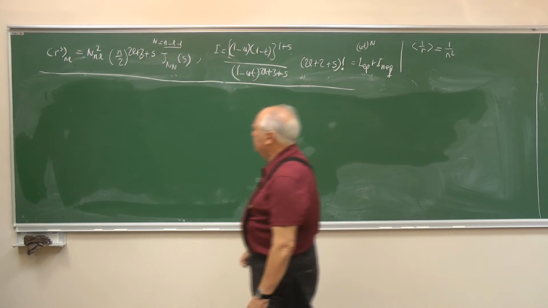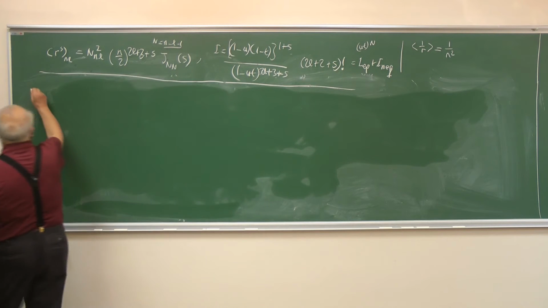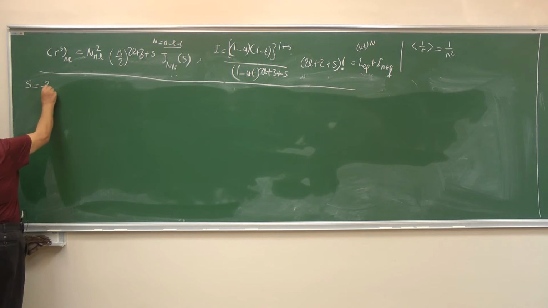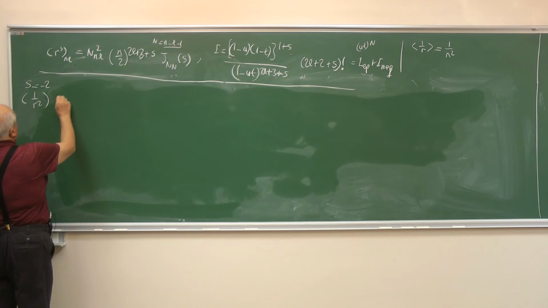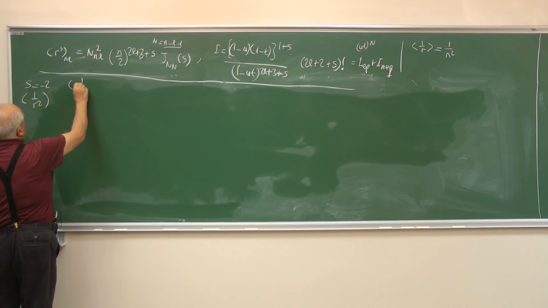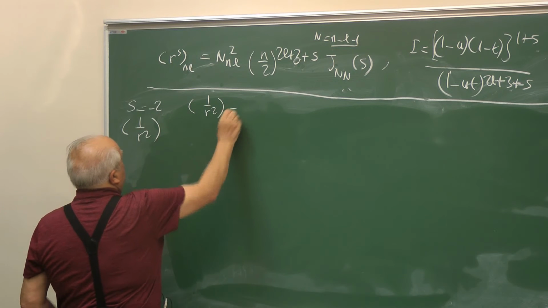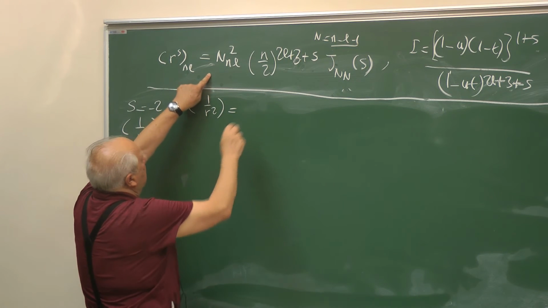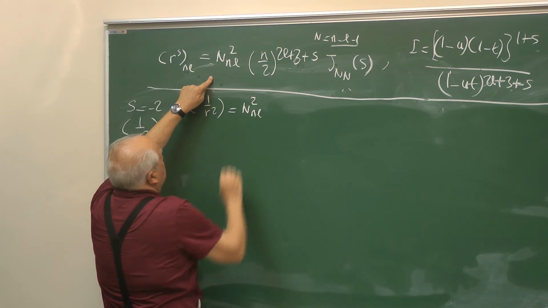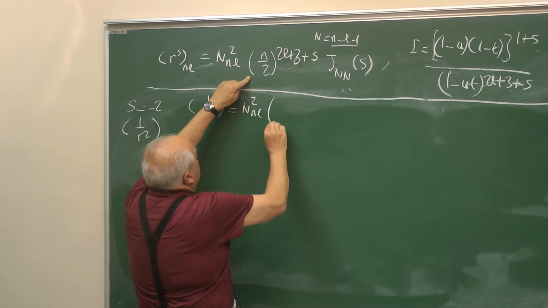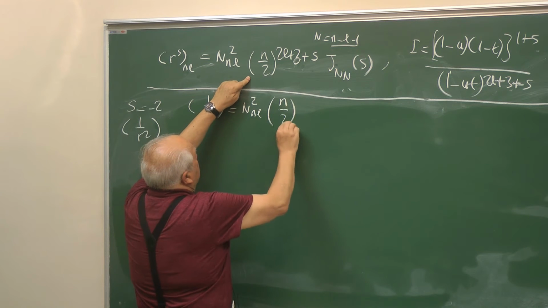Now we will consider the case S equals minus 2. So we are taking the average of 1 over r square. So 1 over r square, I'm just copying from here with S equals minus 2 and NL square, which we know, n over 2.